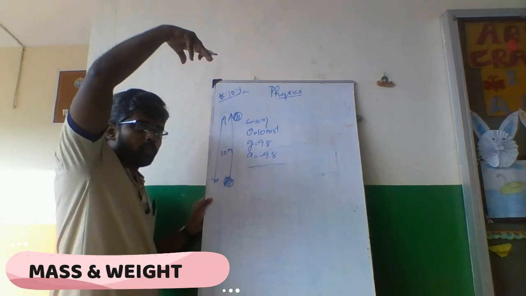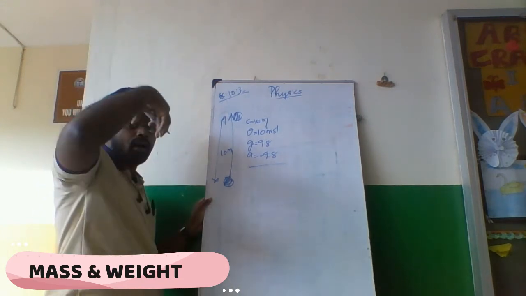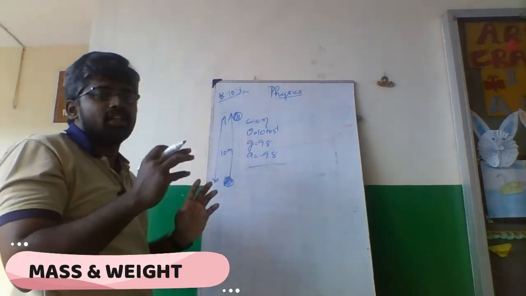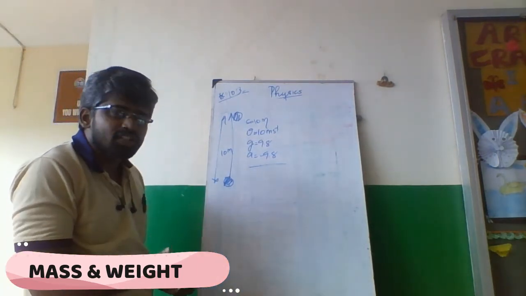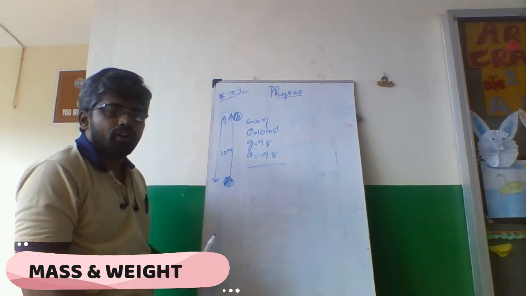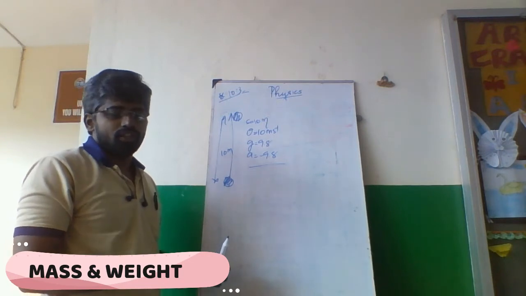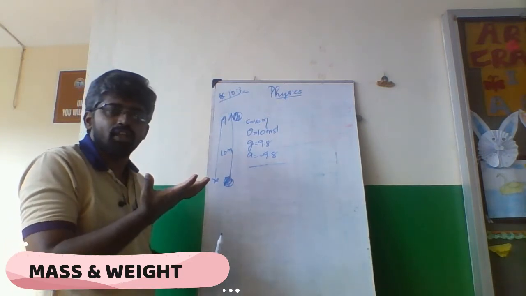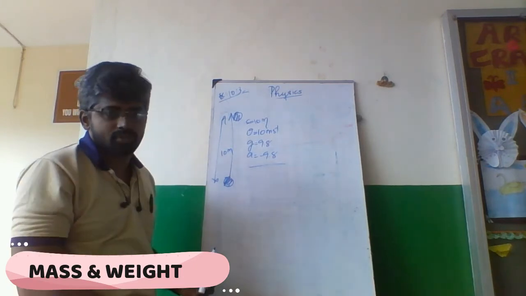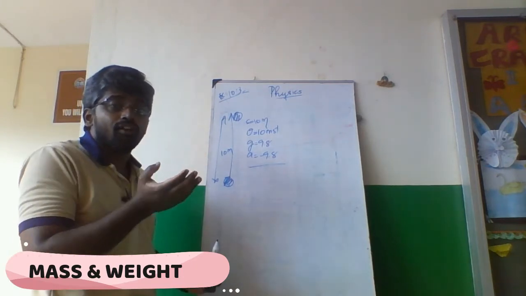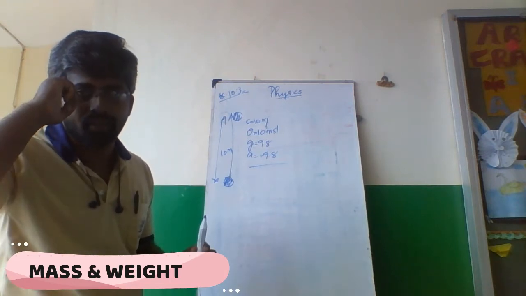But when something is dropped from top to bottom, u is 0. The initial velocity is 0. But if you throw a ball from downward to upward with initial velocity 0, it will not go. So initially there should be some velocity, so that you throw, it goes to a certain height and it drops. So initial velocity for upward motion is never 0. This you should keep in mind.